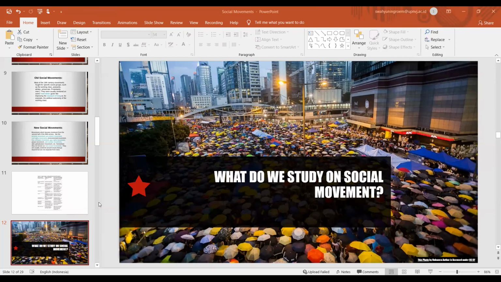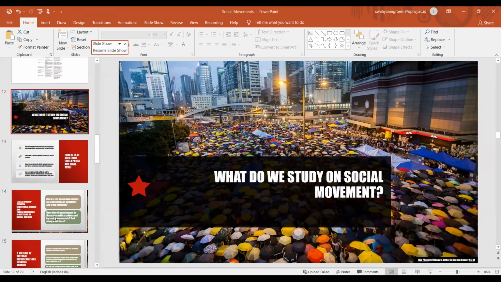Social movement and political movement is not different, but it's the same in one group. So you're saying that basically they both are the same, is it? Yes. Okay. We'll see.